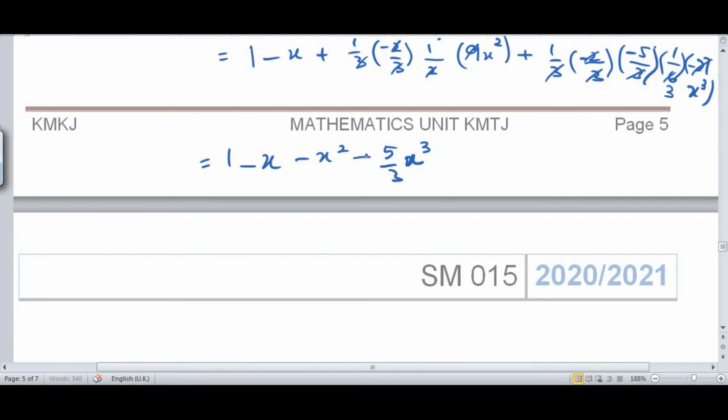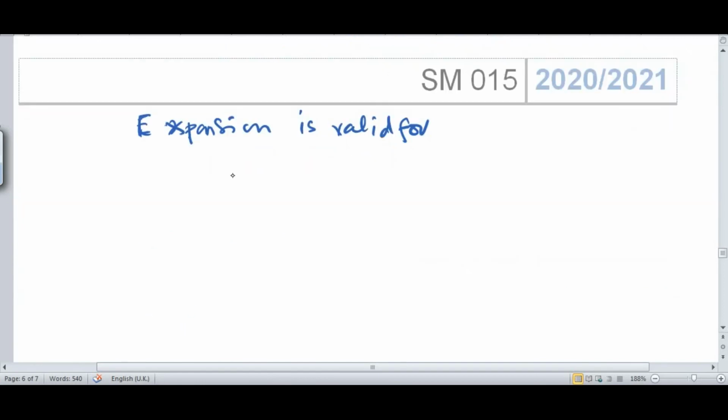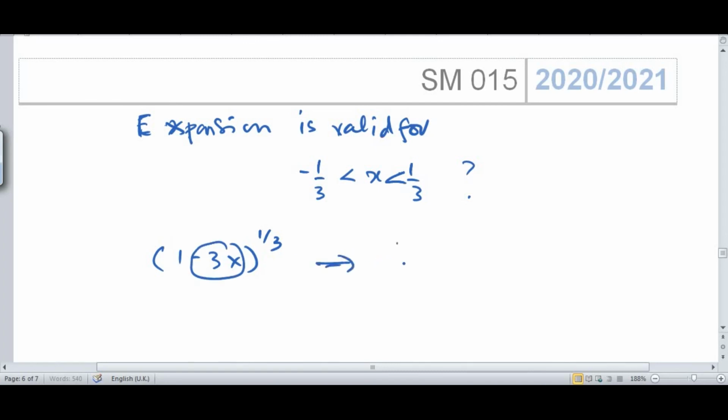Next you want to find the range for which the expansion is valid. The expansion is valid for x between negative 1/3 and 1/3. Where do you get this from? It comes from the expression (1 - 3x)^(1/3), meaning that the modulus of negative 3x should be less than 1.